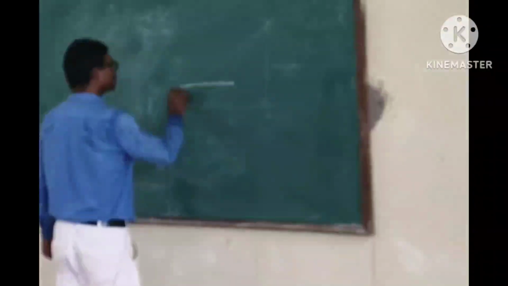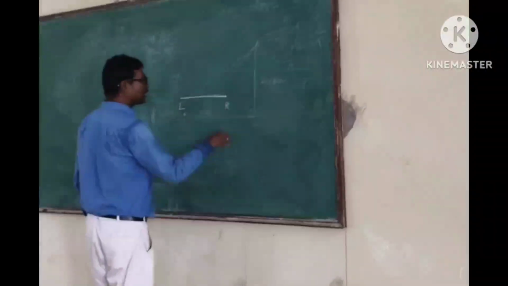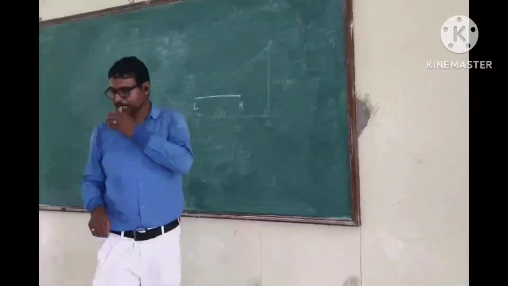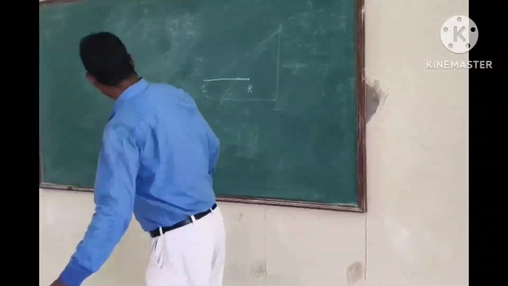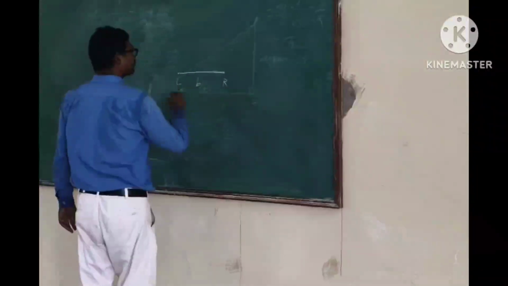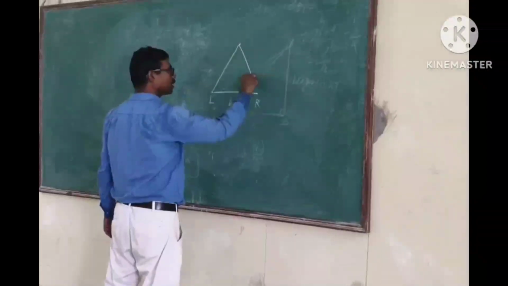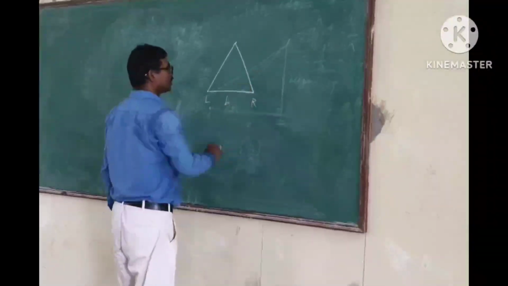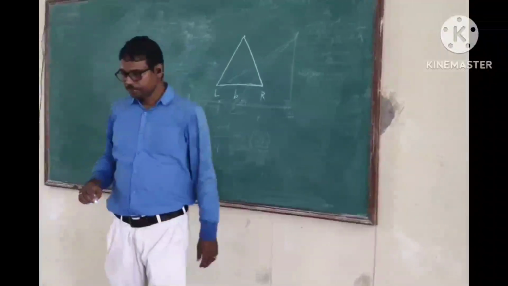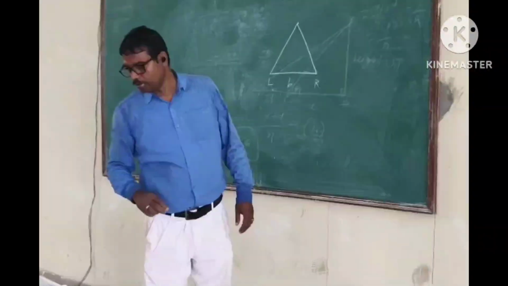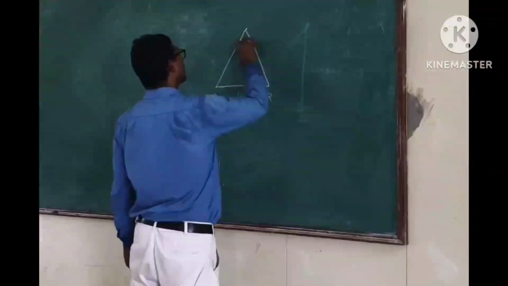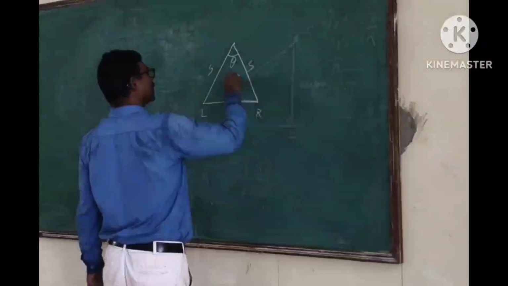This is the left position, this is the right position. Suppose the basis is B, and you consider one triangle with O, theta, and S.